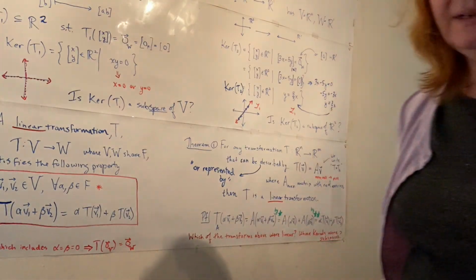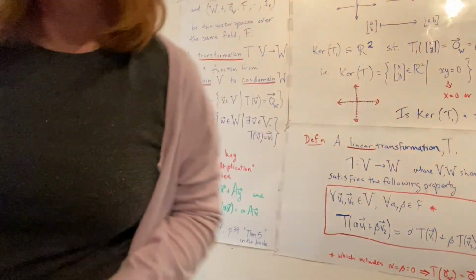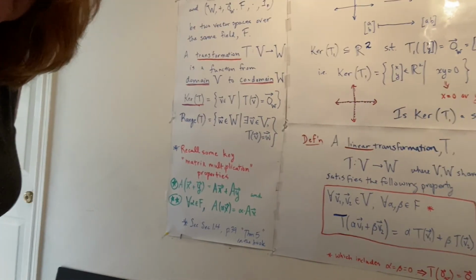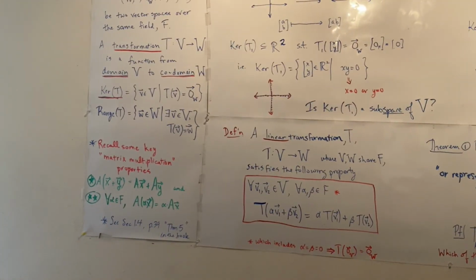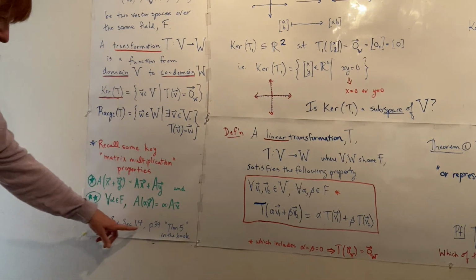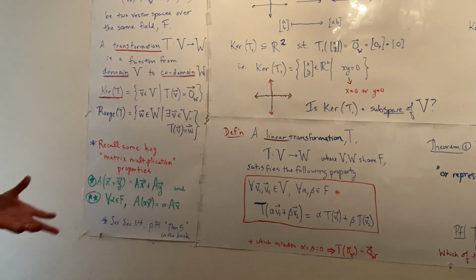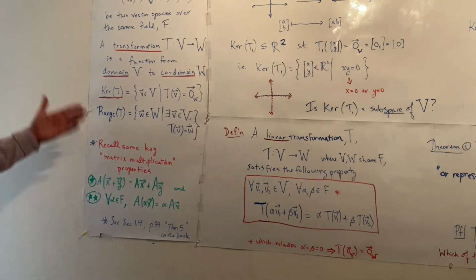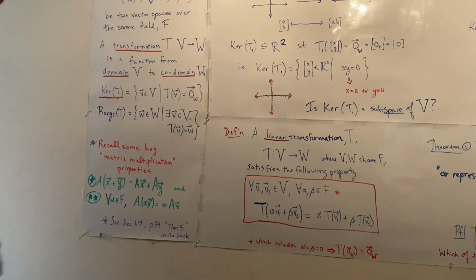Now, why is that? First of all, let's remember some other key facts about matrix multiplication. Your book in section 1.4, page 39, calls this theorem 5. It's some key matrix multiplication properties.